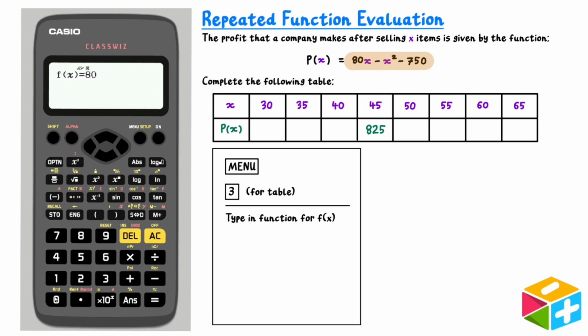Inputting the x is a little more tricky. However, we can do it using this red X which appears above the closed bracket. All we have to do is press alpha followed by the closed bracket button.